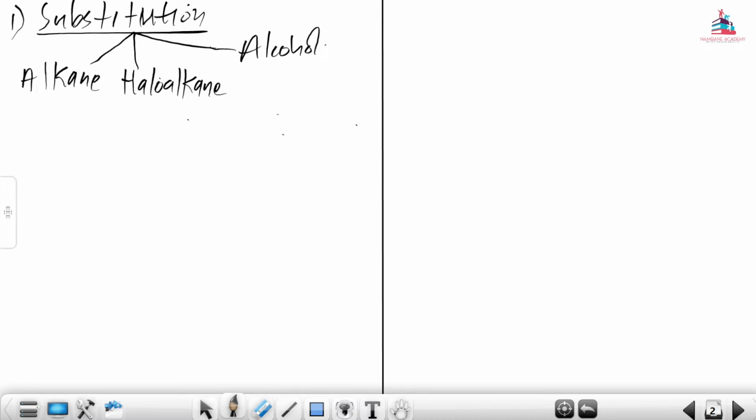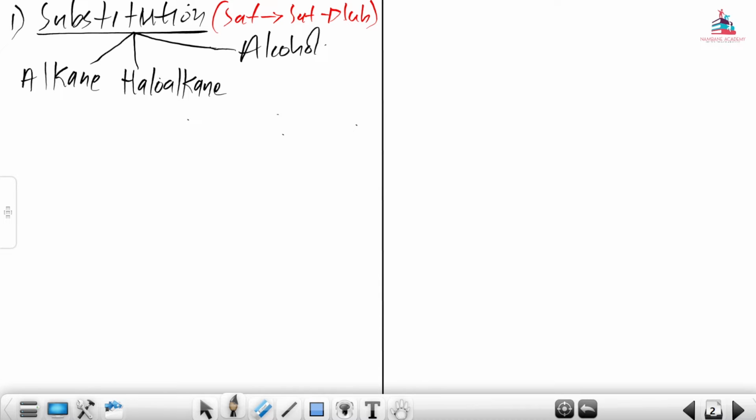Remember what we said: it must start from saturated to saturated, then that reaction must be substitution. All of these we classify as saturated because they only consist of single bonds.